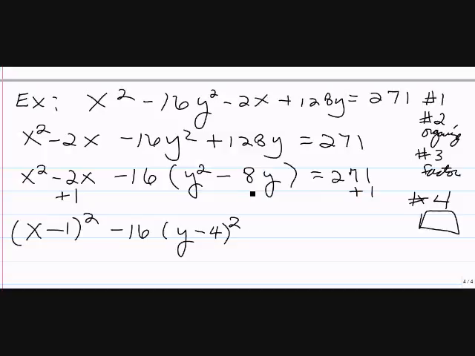Negative 4 squared is 16, so I got to add in 16. And I have to multiply by that negative 16 that was to the left of the parentheses, which is negative 256. And 271 plus 1 minus 256 is 16.